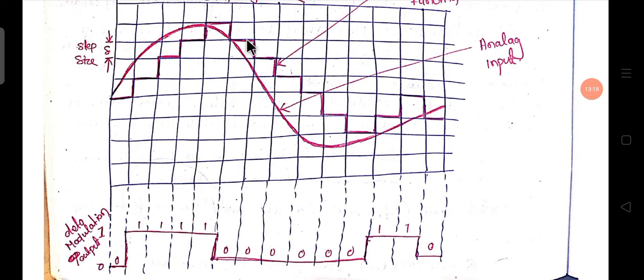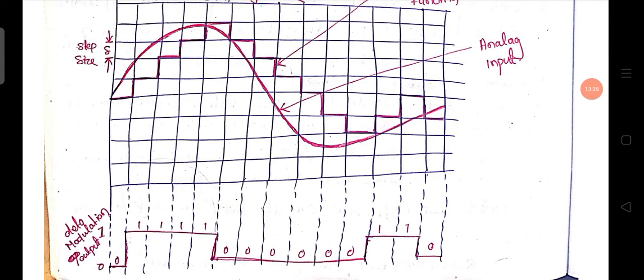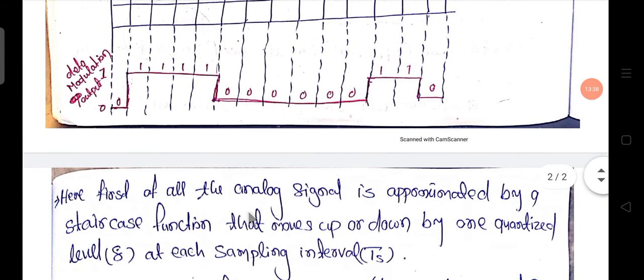Similarly, we get the digital data from the analog signal. That is the concept behind delta modulation.